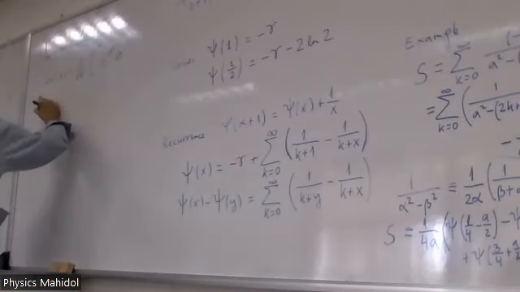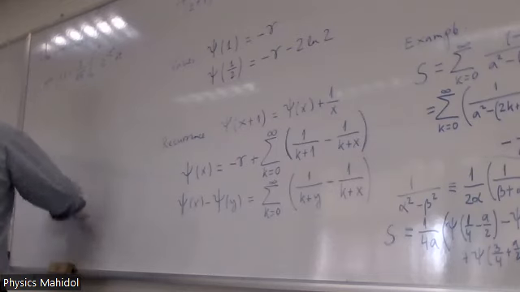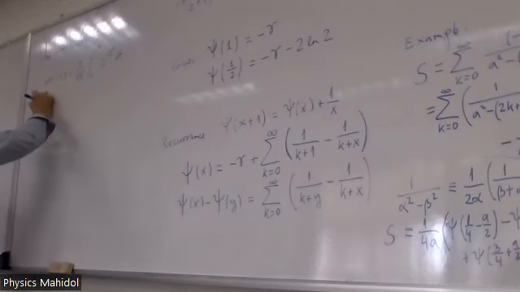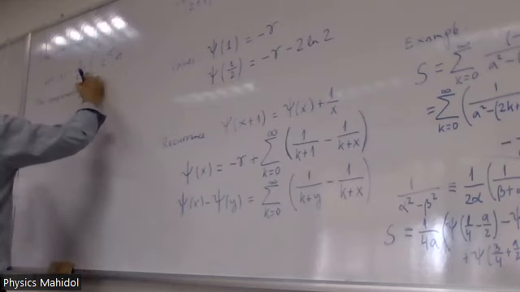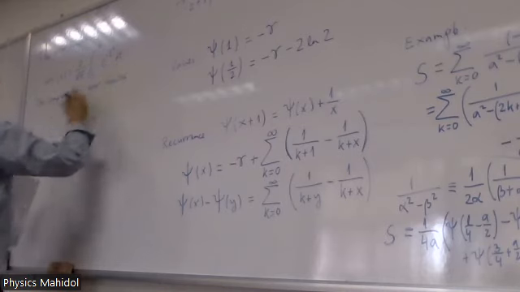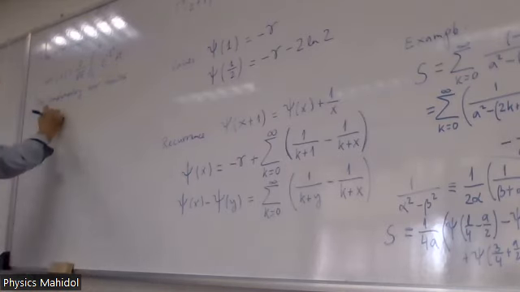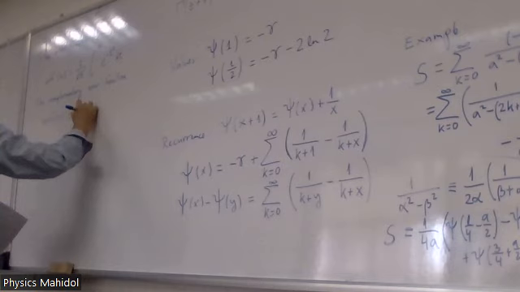We often also use, instead of the error function, the complementary error function. And I think the normal way to call it is erfc. And this is then defined as 1 minus the error function.